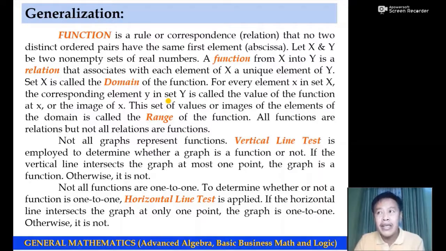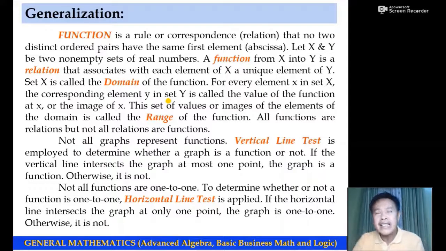It must have a unique image in the range. And the set of admissible values of x is the domain. Why admissible? Because not all real numbers can be substituted to the x. There are admissible and there are not admissible. That is why we will be able to deeply understand what is the meaning of domain and range in the next lessons that we have.